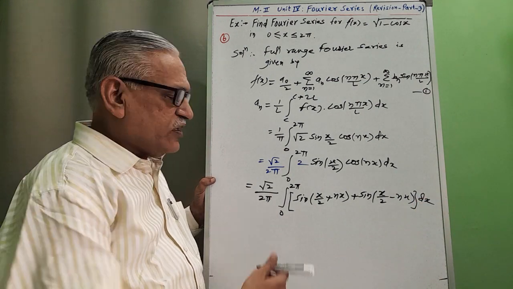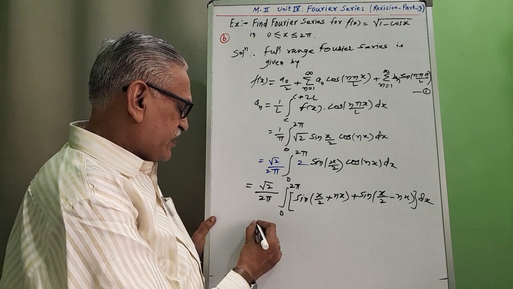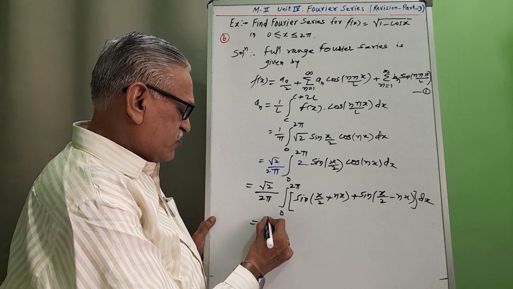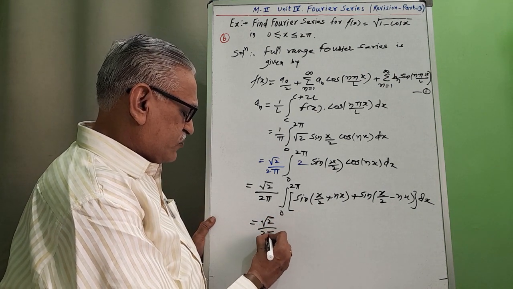Integrating individually with respect to x, we get root 2 divided by 2 pi, as there is no change.